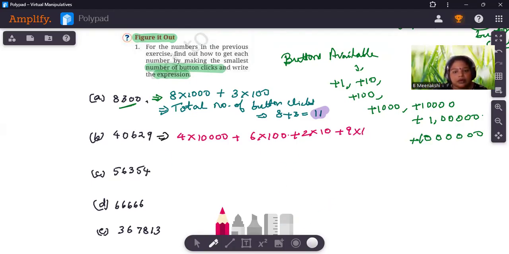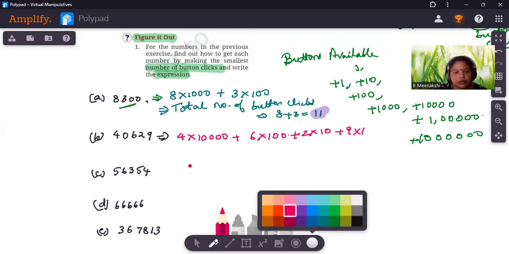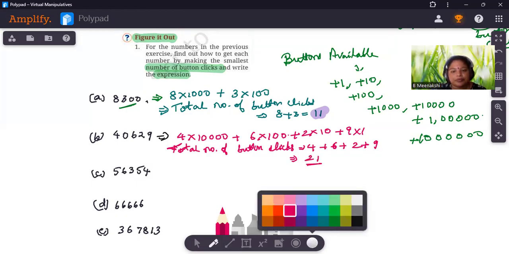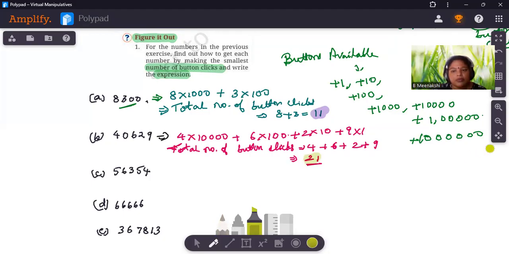Now the total number of button clicks will be 4 plus 6 plus 2 plus 9. 4 plus 6 is 10, 10 plus 2 is 12, 12 plus 9 is 21. So 21 button clicks. I hope it is understood.